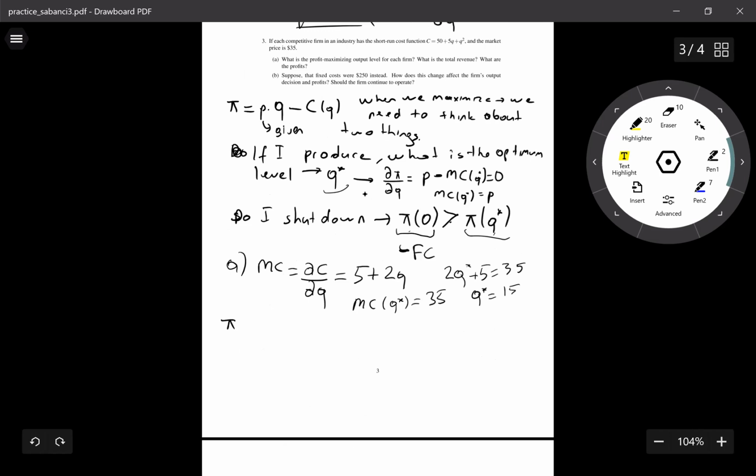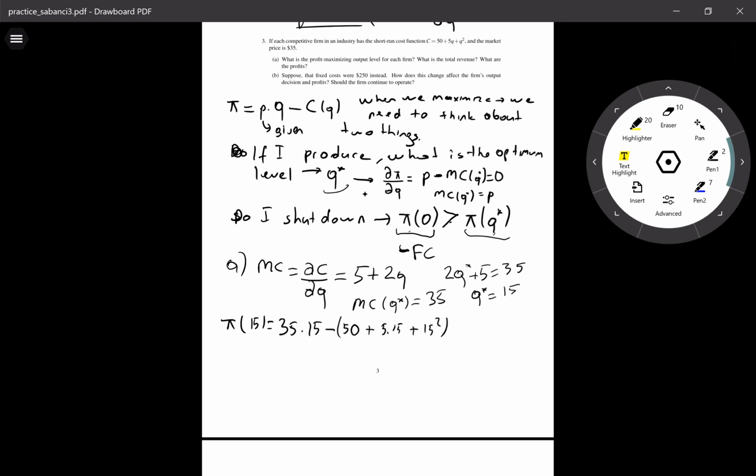The profit level at 15 is P times Q. I already know P, which is 35, times 15, minus the cost: 50 plus 5 times 15 plus 15 squared. Can anyone calculate this?